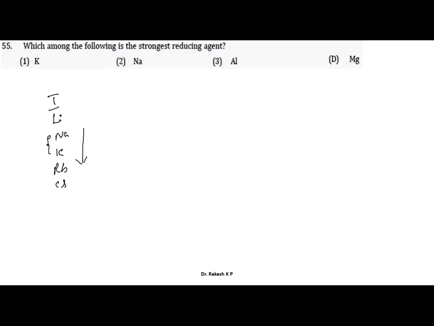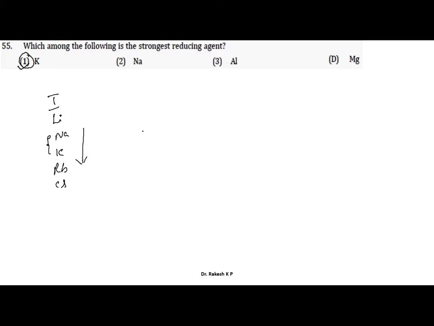Between sodium and potassium, the size of potassium is larger, hence we can easily remove its electron, so it becomes the strongest reducing agent, having a lower SRP value.